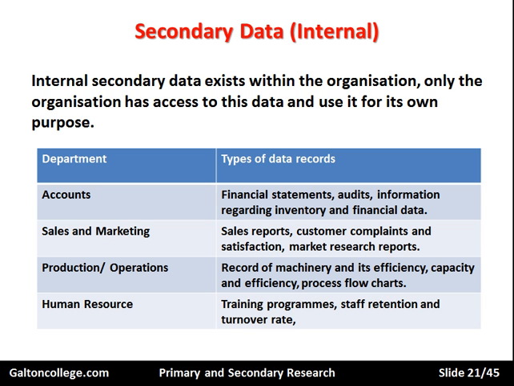Human Resource Department also has a lot of internal data. Training programs, staff retention, turnover, exit interviews. There are many types of information that the HR department hold. And they hold this information because they need it. It's primary to them. But it could be secondary to the top management who need to make a decision about how many people they need and what sort of investment they're going to make in the future.